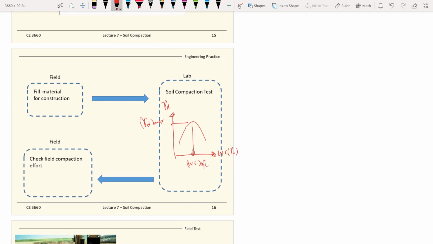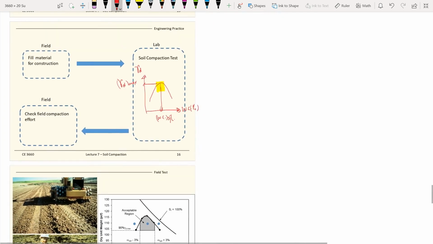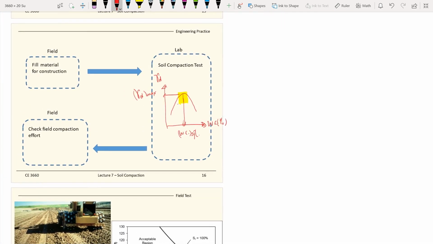And based on the design that you have, you can also come up with a construction design window, what is considered pass and what is not passed in the field. So you can bring this piece of information with the geotech design back to the field to do a quality control check.